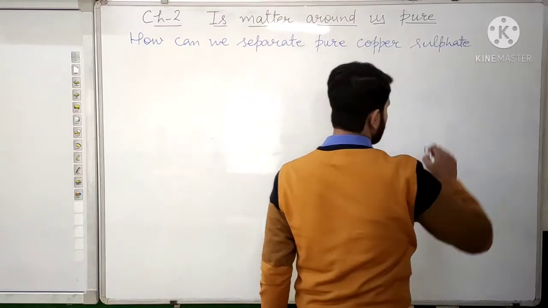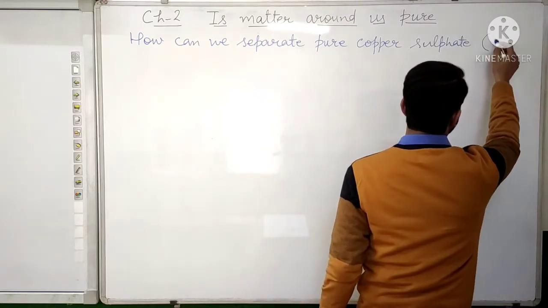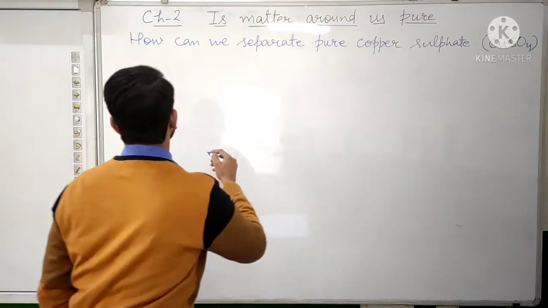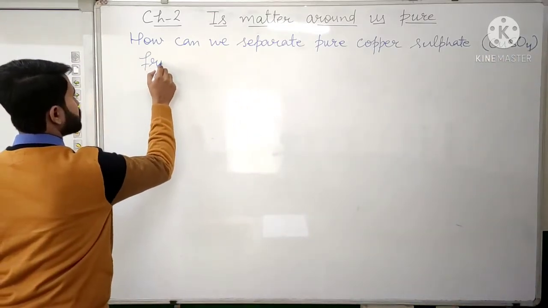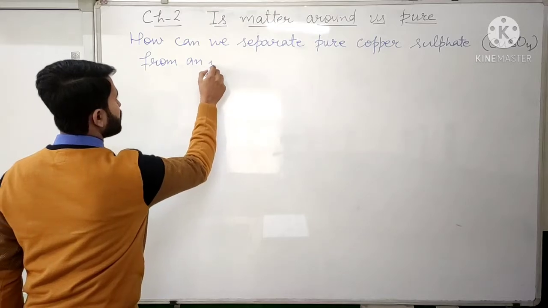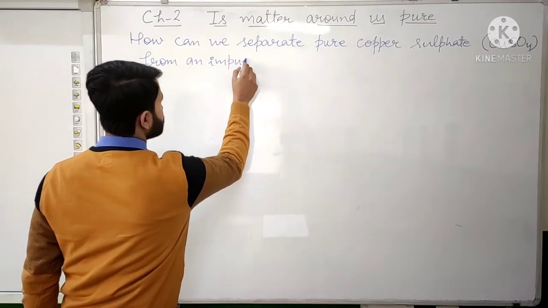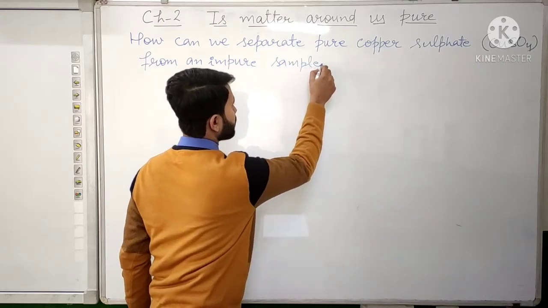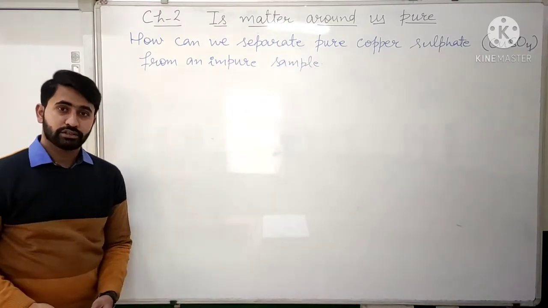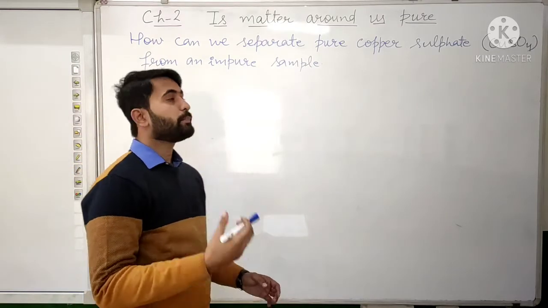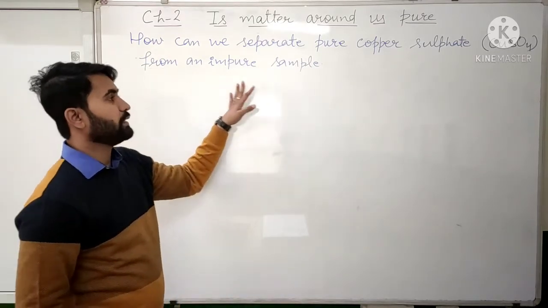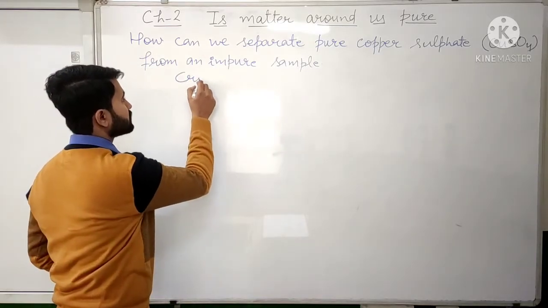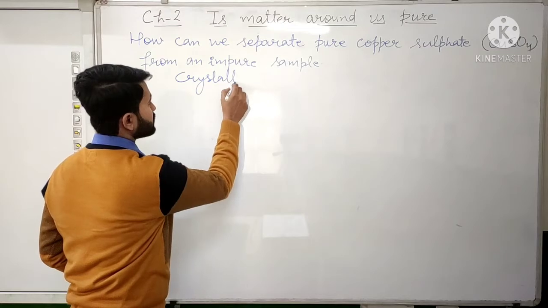Now in short, we write copper sulfate as CuSO4. The method that is used to obtain pure copper sulfate from an impure sample is crystallization. Name of the method is crystallization.